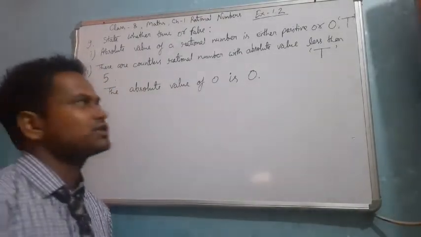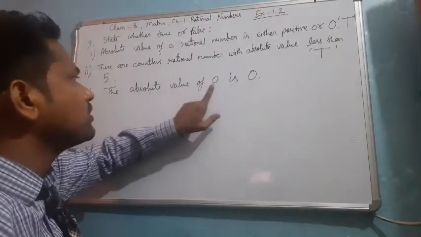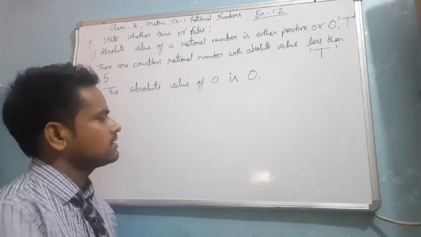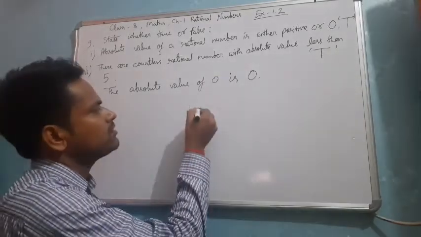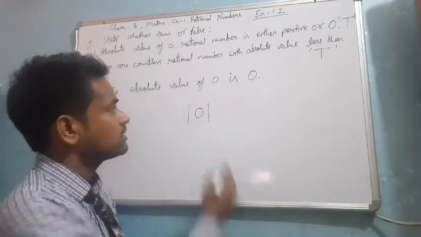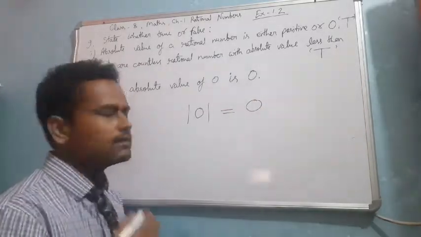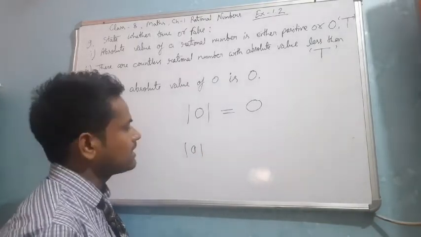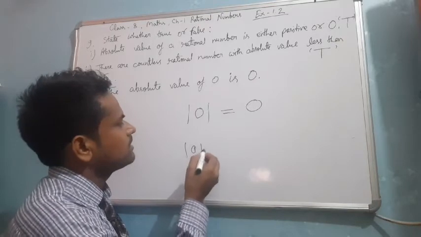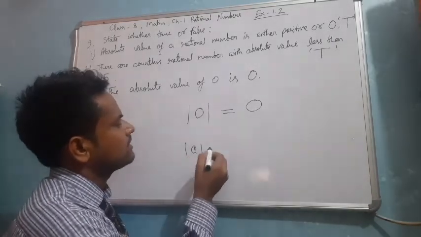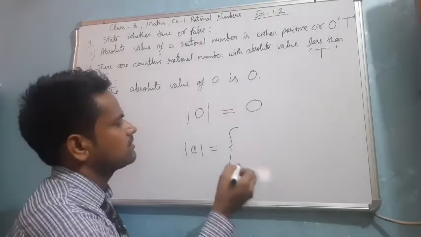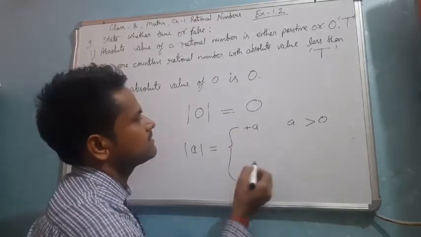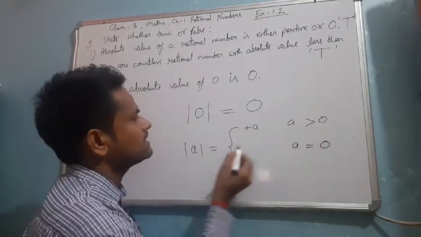Now the last statement is the absolute value of 0 is 0. Is this statement true or false? Find out the absolute value of 0, then you will get 0. And in the definition of absolute value, if a is a real number, then the absolute value of a: if a is greater than 0, then it gives plus a. If a is equal to 0, then it gives 0.